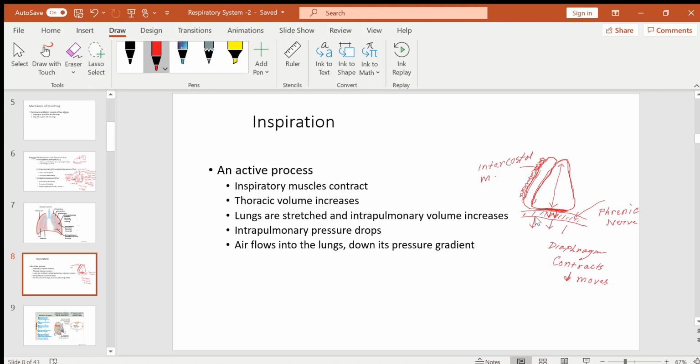The intercostal muscles will contract, and that will move the ribs forward and slightly upwards. Elevation of the ribs. Okay, so that is the external intercostal. There are two sets of intercostal, external and internal. So we are talking about the external.